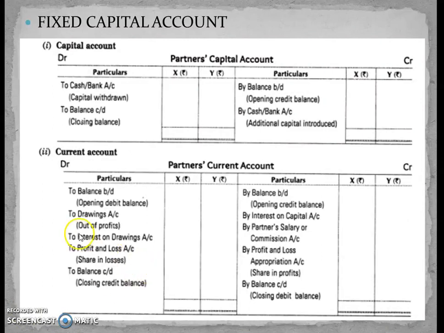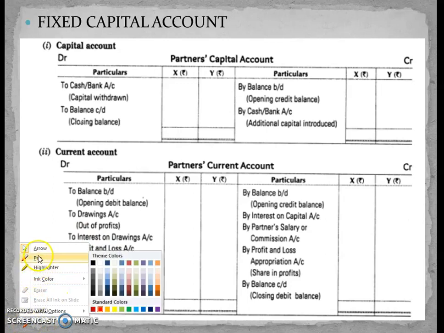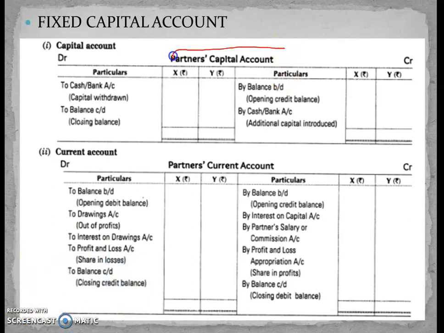So, in this particular account, what you do, you create two sort of things. The first thing that you do is, you prepare two accounts. First is the capital account and second is the current account. So, when capital account is considered, you only mention about four things. Whatever the amount the partner is withdrawing, the closing balance, the opening balance, and whatever the amount the partner is introducing into the business.